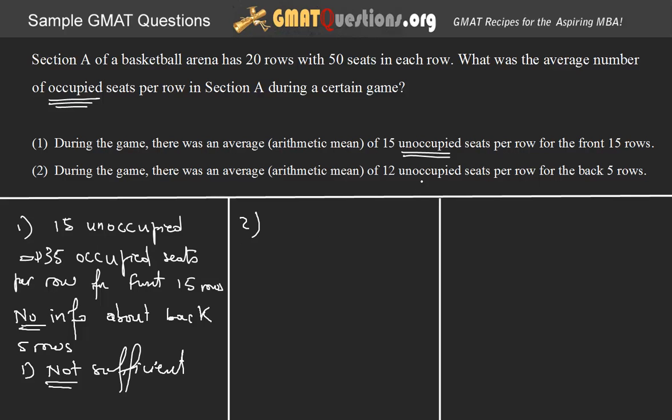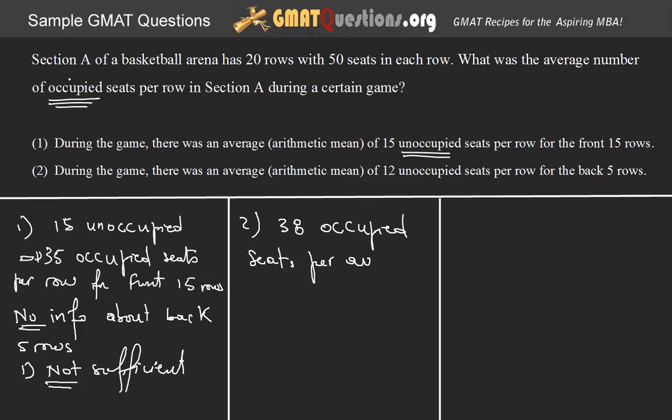So here we have 12 unoccupied seats. Essentially we have 50 seats in each row. So 12 unoccupied seats, this is basically 50 minus 12, which is 38. So this is 38 occupied seats per row. Again, this is an average, okay?